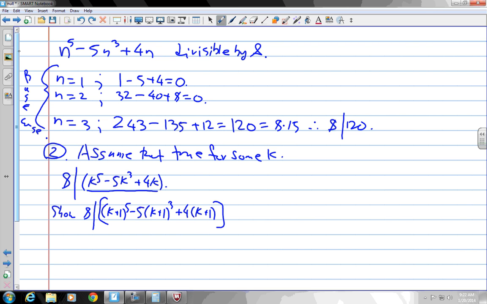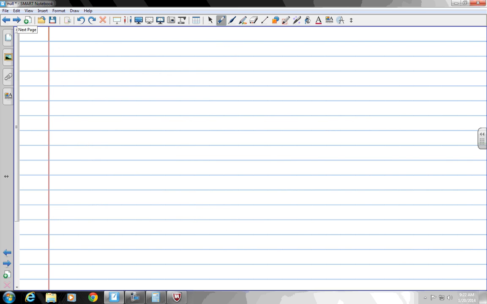So let's try this. Not done yet. No QED. Let's try this. I want us to find the sum of the following fractions. 1 over 1 times 2 plus 1 over 2 times 3 plus 1 over 3 times 4.